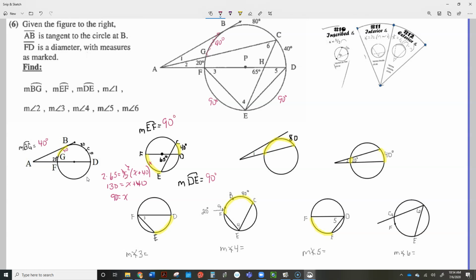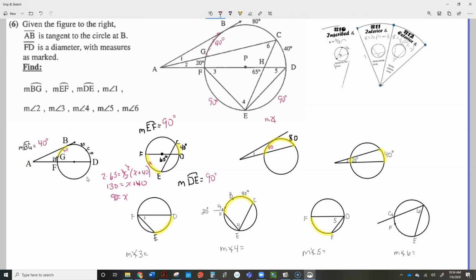Now, remember up here, I've already found BG. BG was 40. So I'm going to be able to find the measure of angle 1 because it's found on the exterior. It's an angle formed on the exterior. So I'm going to take the two arcs and subtract them and then take half of it.